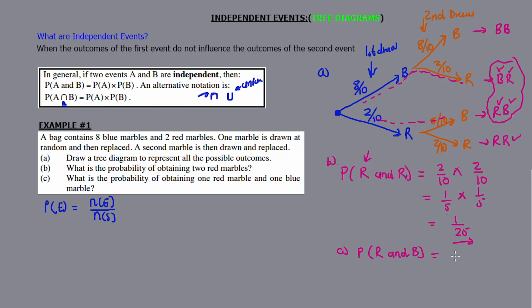This is equal to, since it's an either-or, we add. So for this leg, it's 8/10 times 2/10, plus, for this last leg, 2/10 times 8/10.